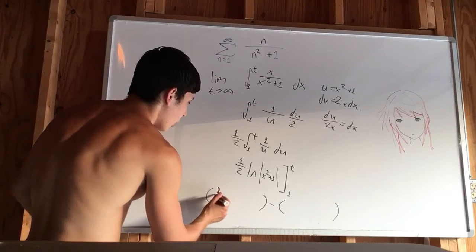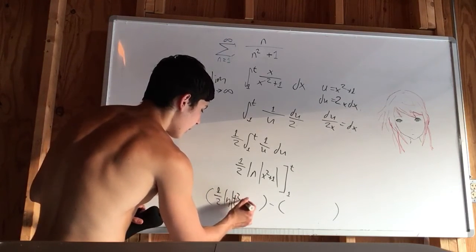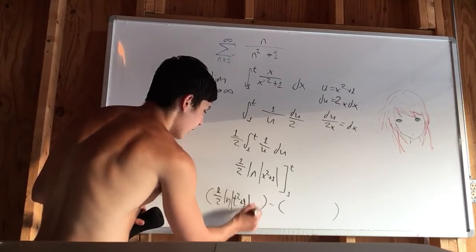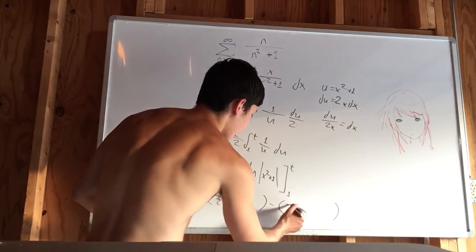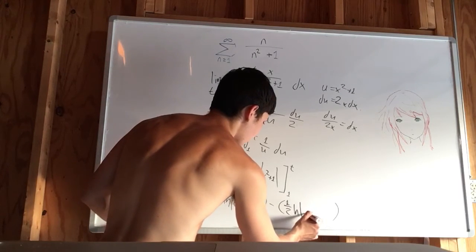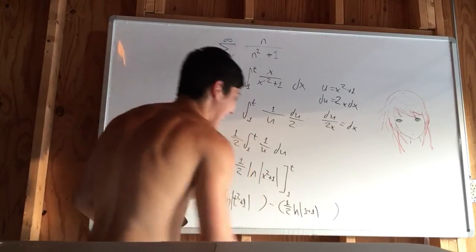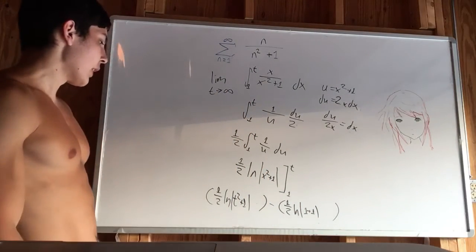So we have 1/2 natural log of t squared plus 1. And over here, we're plugging in 1 for that x, which gives us 2. 1 plus 1 is 2.